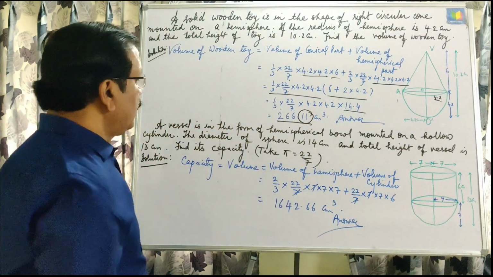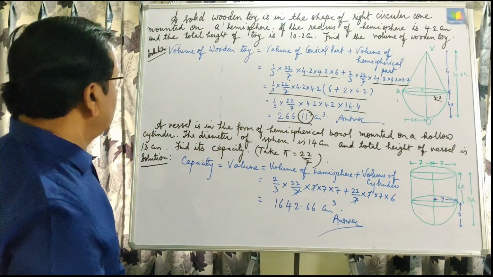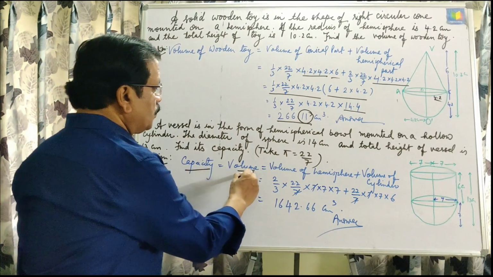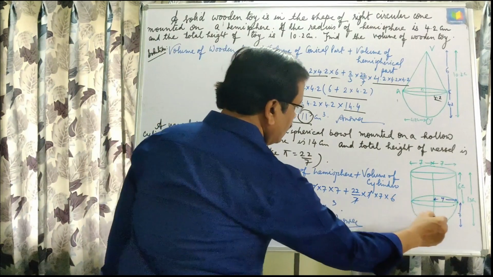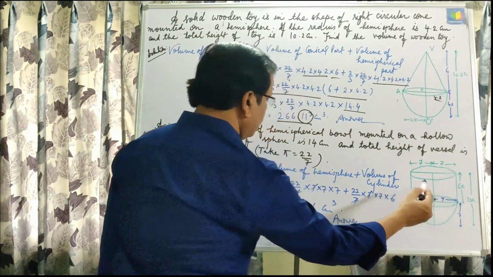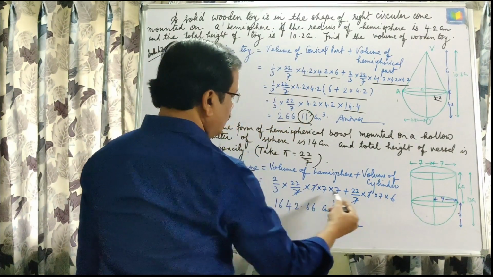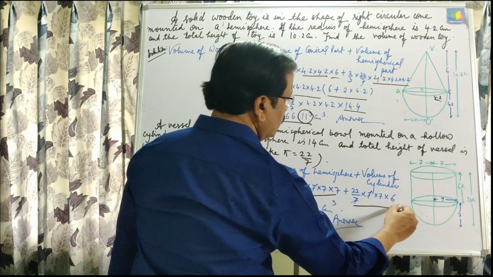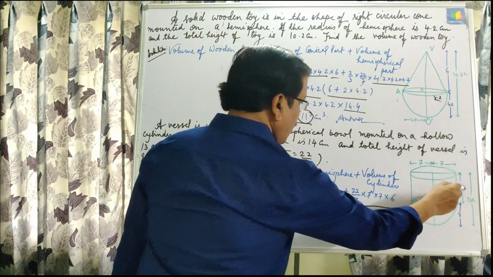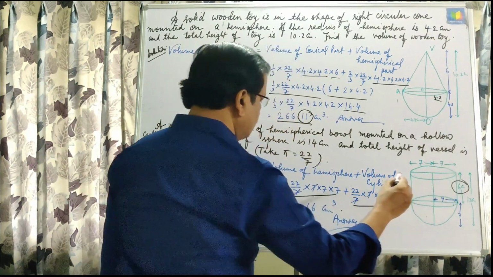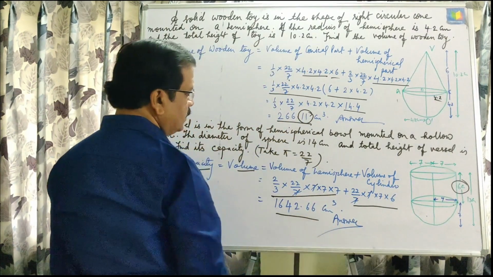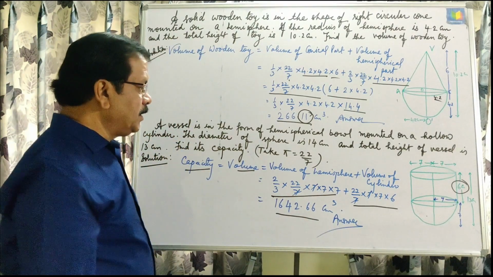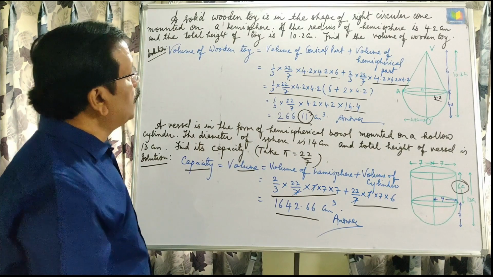And this way capacity, means volume, and again same type of question, volume of this hemisphere plus volume of this cylinder. We know volume of hemisphere is 2 by 3 pi r cube, and volume of cylinder pi r square h, r is same, and h is coming 6 centimeter. And this way after calculation again 1642.66 centimeter cube, and this is all about this question.